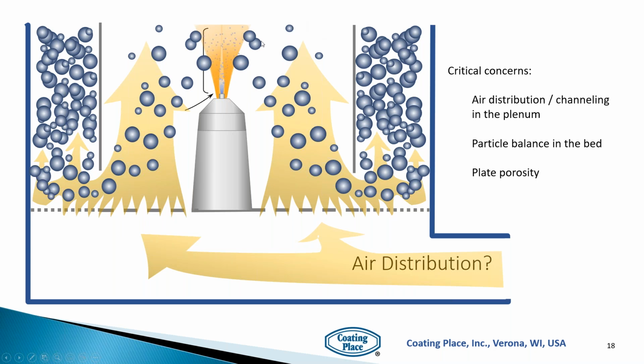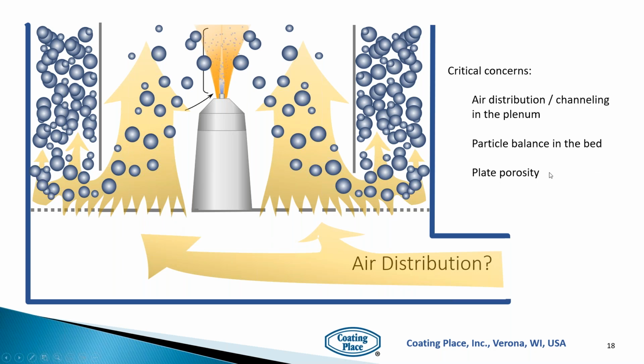So if you ever see any buildup of coating material on one side of a partition, or maybe if you're using really strong airflow on one side of the expansion chamber, it could be indicative of not having a uniform delivery to the lower side of the plate. What we do is introduce an appropriate device into the plenum region to address this issue when it is a problem in a process.